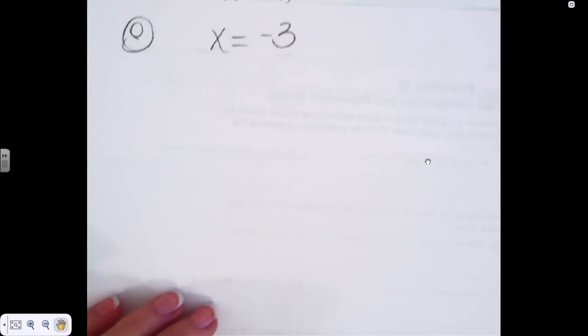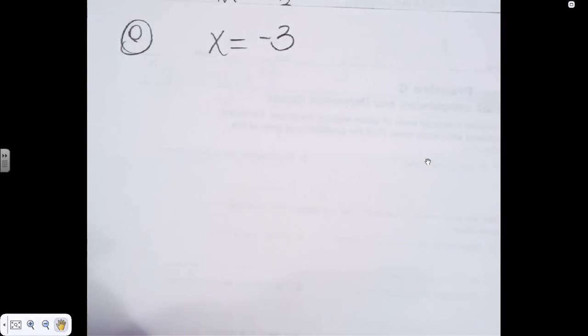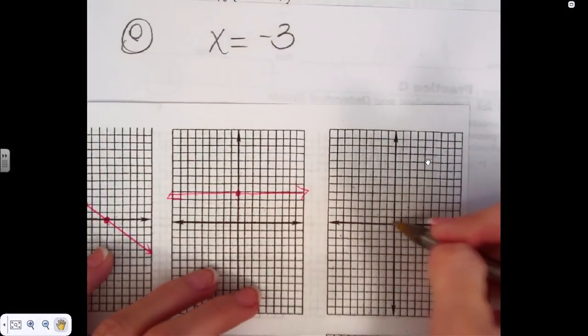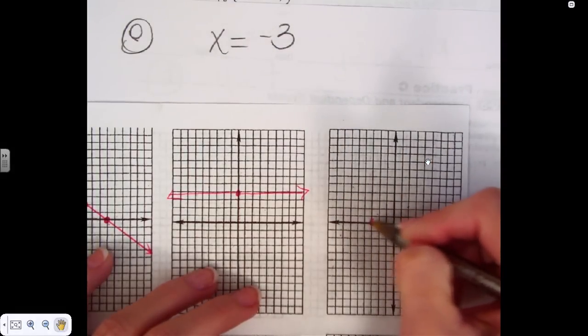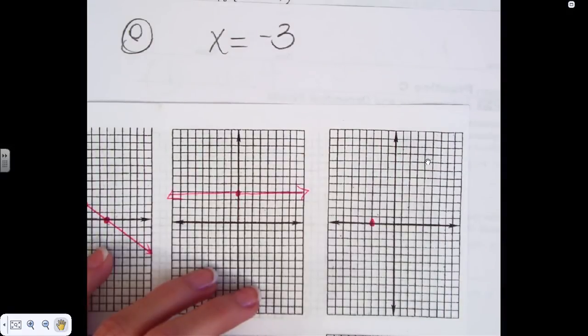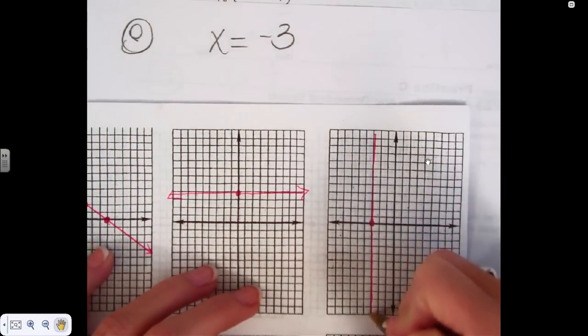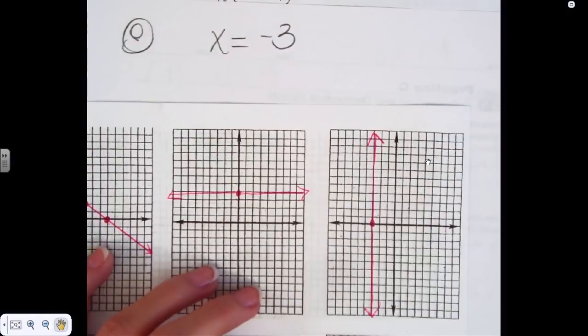X is equal to negative 3. And remember we said the other day, when x equals a number, it's not a function. Where's negative 3 on the x-axis? And now every x value has to be negative 3, so it is a vertical line going through negative 3 on the x-axis.